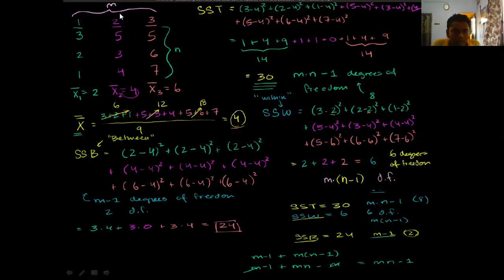Now you consider the second group: X2 bar is equal to 4. This is the average or the mean value. The X3 bar is equal to 6.